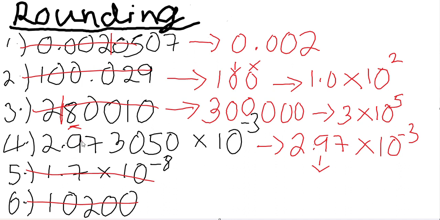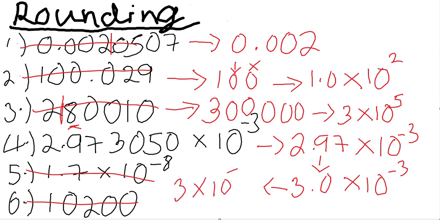So you put a 0 for the 10, and the 1 of the 10 gets carried over to 3, making it 3.0 times 10 to the negative 3. Right? And finally, if it was only 1 sig fig, it would simply be 3 times 10 to the negative 3. That takes care of all of the rounding.